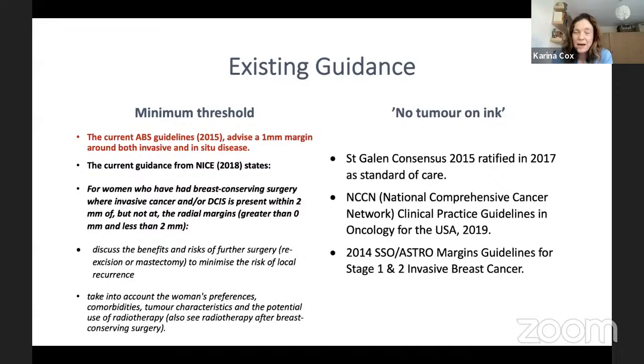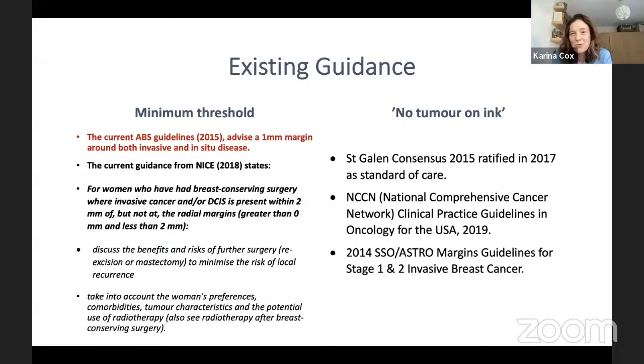More recently, NICE, the National Institute for Clinical Excellence, produced really good guidance for early breast cancer treatment. And they give a slightly different view on margins. They recommend 2 millimeters, but what's interesting with their guidance is that they also say that there's a bit of wiggle room if you're between 0 and 2, and you can take in patient factors as well.